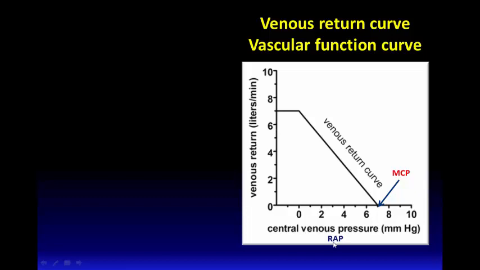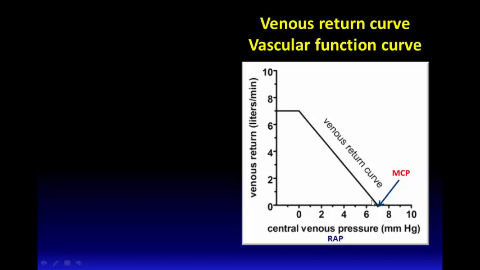Hence, when the right atrial pressure is equivalent to the mean circulatory pressure and having a value of 7 millimeters of mercury, no gradient exists between the venous pressure nearest to the tissues and the venous pressure nearest to the heart, and accordingly the venous return would be 0.